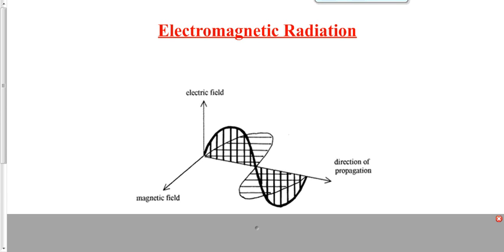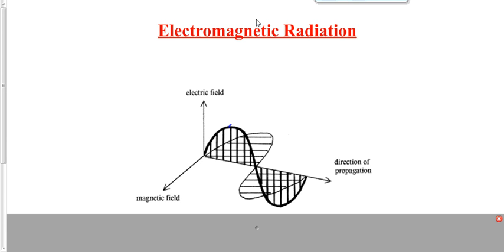So you can see here on the y-axis, I have the electric field drawn as a sinusoidal wave, a sine wave, like what we picture a water wave as. Except this is not a mechanical wave, it's just an electromagnetic wave. But perpendicular to that on the z-axis and in phase with that, we see a magnetic field wave.